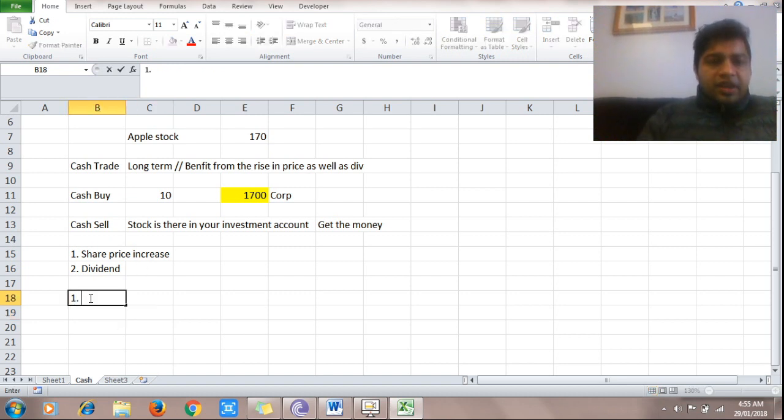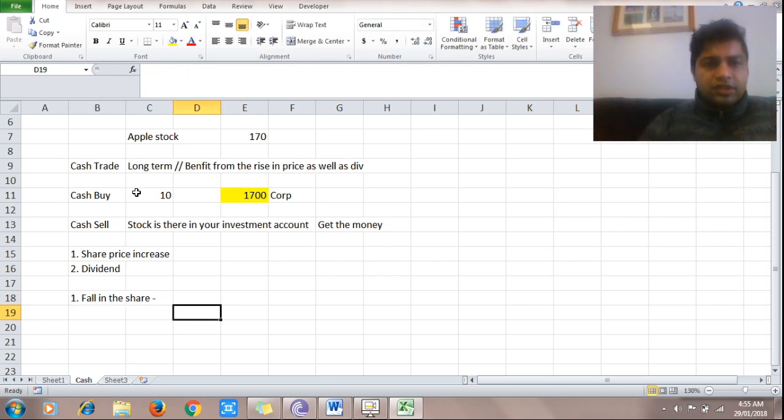You cannot benefit in cash trade from a fall in share price. You only benefit if share price goes north, that is, it goes up, because you cannot sell the stock that you do not own in cash trade. Okay, so this is cash. You buy in full, you benefit from dividends, you benefit from share price growth, and you get the share in your demat account, meaning in your investment account.